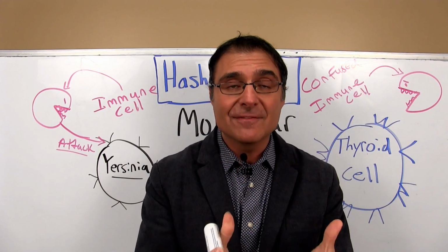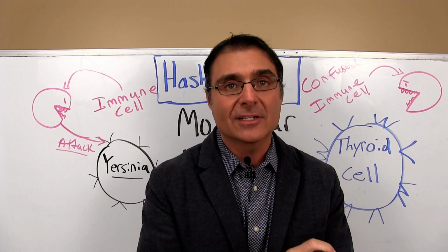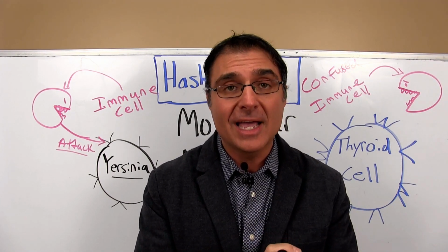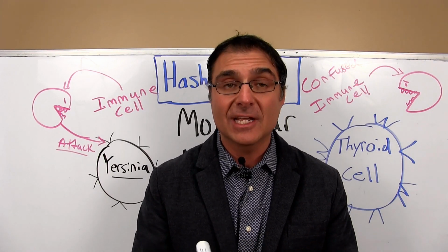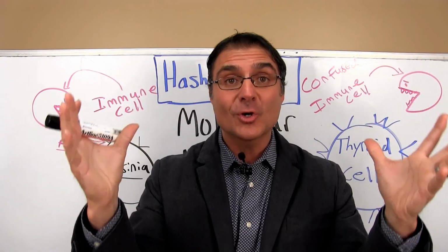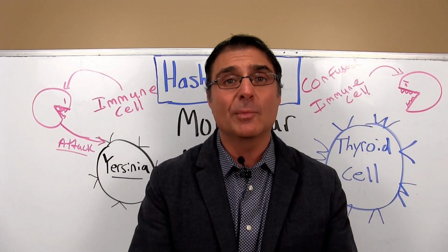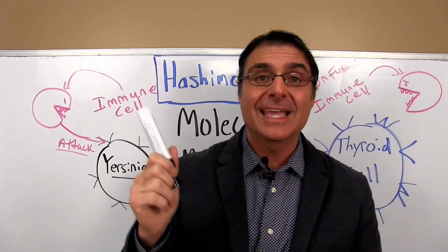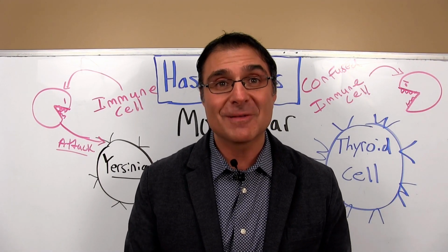So when we identify the DNA of the organism, now we can understand the likelihood that that organism is there in the body is very, very, very high, especially since this is what's called a quantitative DNA analysis, meaning we're looking for a large quantity of DNA. If we only see a little bit, okay, maybe it's not that big of a deal. But when we see a tremendous amount of Yersinia bacteria in a patient that has Hashimoto's, okay, we know that there's something going on.